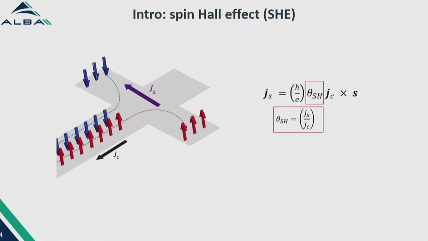Usually, we quantify the efficiency of this spin separation by an angle that we call the spin Hall angle, and it's simply the ratio between how much the spins deviate from the direction of the charge current. So how much current we need to apply to get an appreciable spin current perpendicular to it.